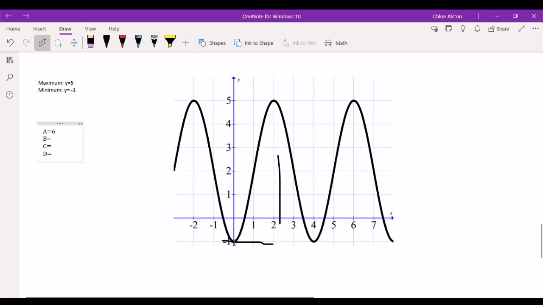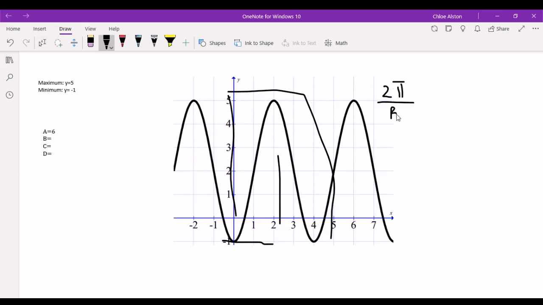There is no shift because we are still starting at 0, going to 4, but we do know our period is 4 because that's one complete cycle right here. So we're going to reverse, remember, that equation, 2 pi over b equals 4.